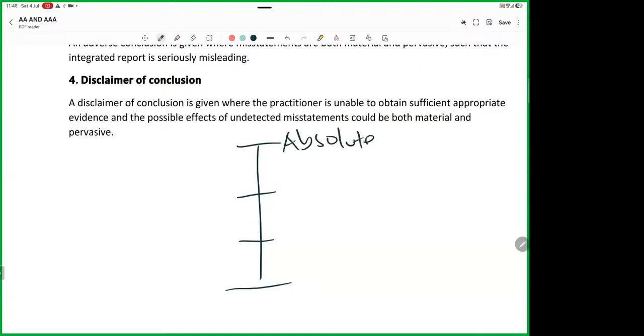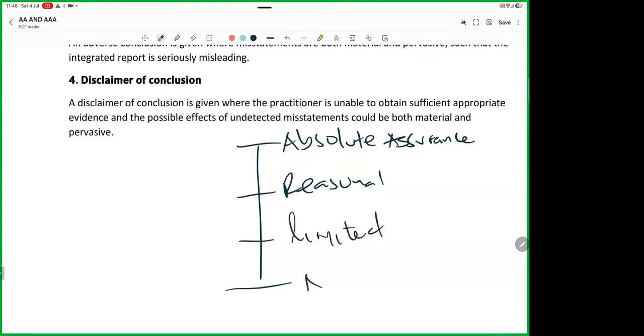We have absolute assurance. We have reasonable. We have limited. We have no assurance. You see, no assurance, you're not providing any comfort at all. This is what we call the non-assurance services.